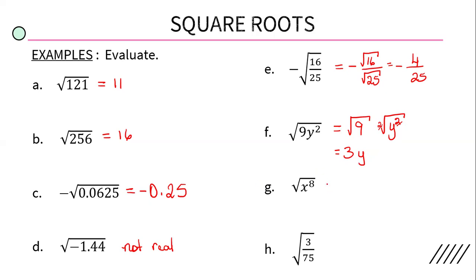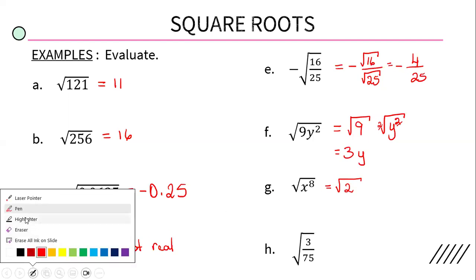Here, we want the square root of x to the power of 8. Now, x to the power of 8 is, and we want to group in 2's, so we have the square root of... It really shouldn't be 2.